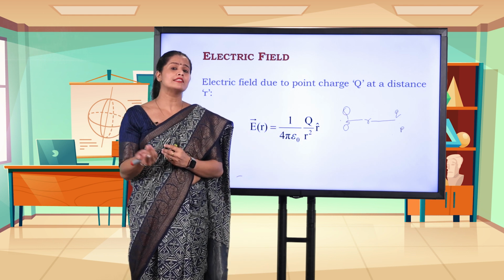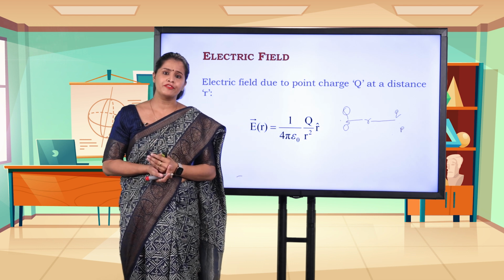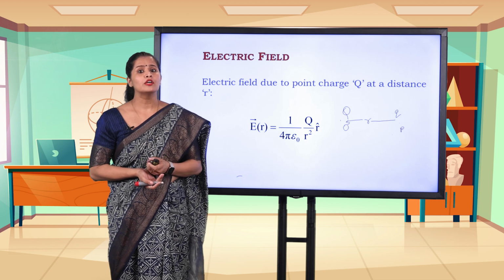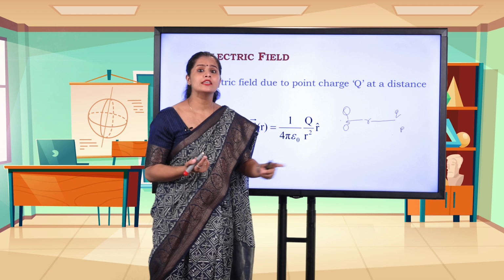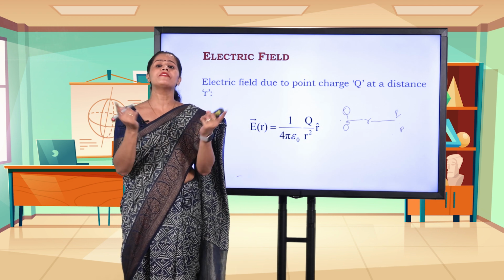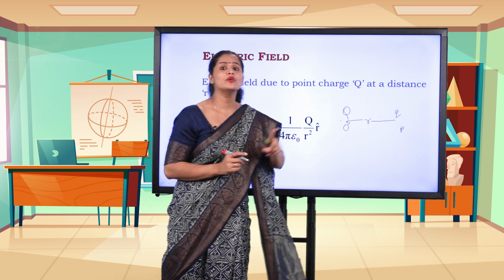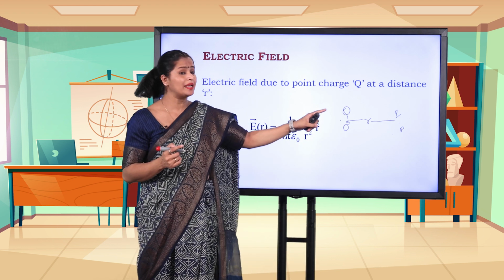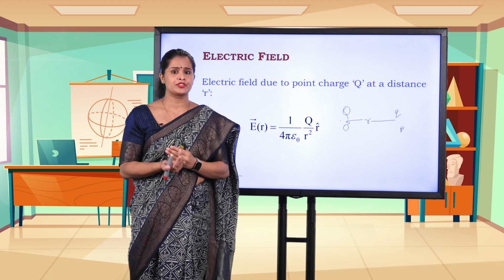In order to answer such questions, the early scientists introduced the concept of field. According to this, we say that the charge capital Q produces an electric field everywhere in the surrounding. When another charge small q is brought at some point P, the field then acts on it and produces a force.